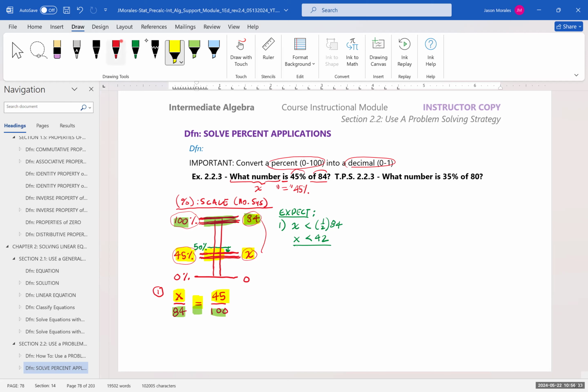Now we can use some algebra, and this is where we cross multiply. We have x times 100, cross multiplying that way, equal to 84 times 45.